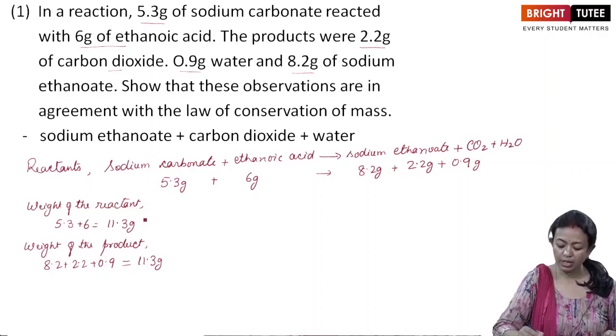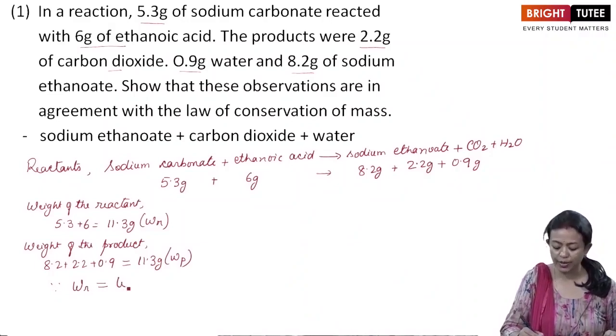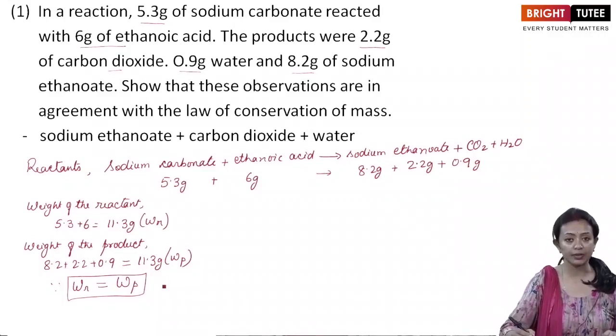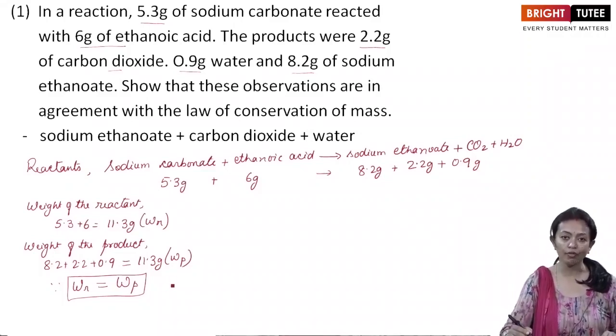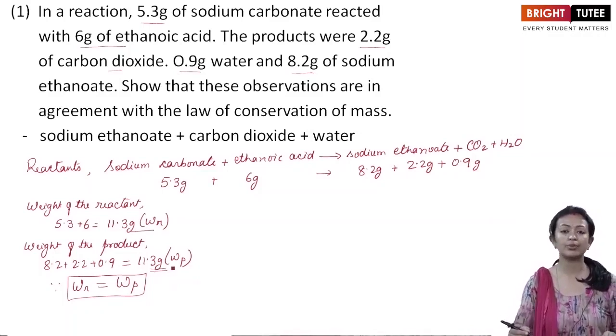If this is WR and this is WP, and since WR, the weight of the reactants, is equal to the weight of the products, it is in accordance with the law of conservation of mass. So this observation is in agreement with the law of conservation of mass. I hope this is understood by you.